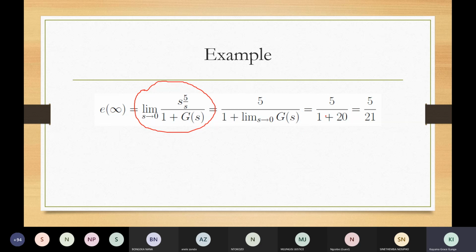Now let's see what is happening on this side, because here we have jumped some steps.